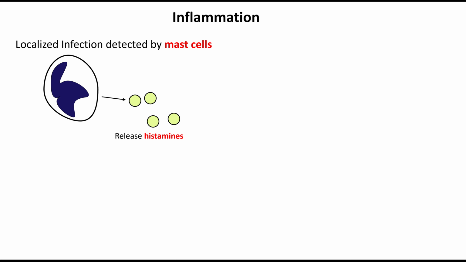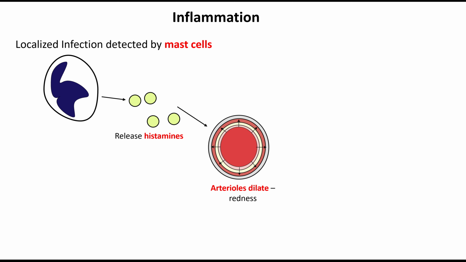Now, histamines are a chemical messenger that is going to go and signal for the body to respond in a specific way. So the first response is arterioles are going to dilate. So what happens is the histamines will bind, causing those arterioles to dilate, and that will cause more blood flow to that area. Now that is what gives a red color. As the skin arterioles are closer to the surface, that becomes more visible. You start to see redness in that area.